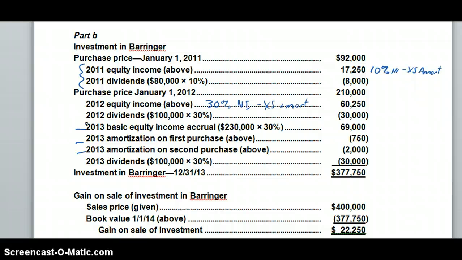We own 30%. So altogether, the investment in Behringer, $377,750. Given that we sell it for $400,000, we would have a gain on sale of investment of $22,250.